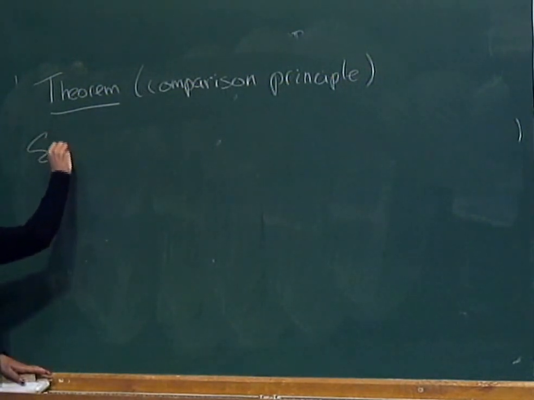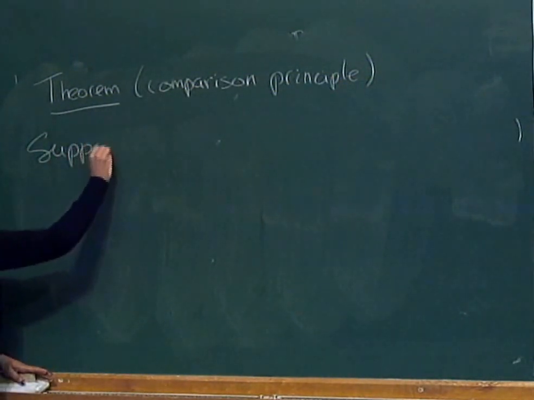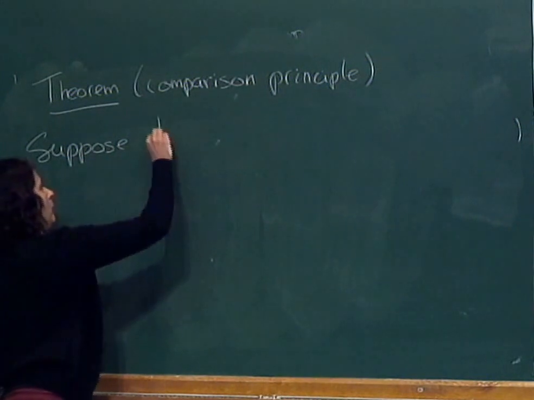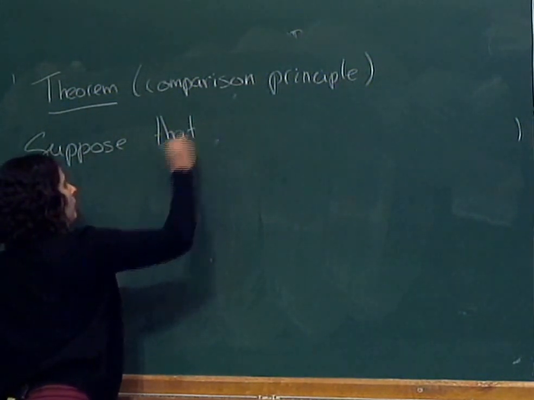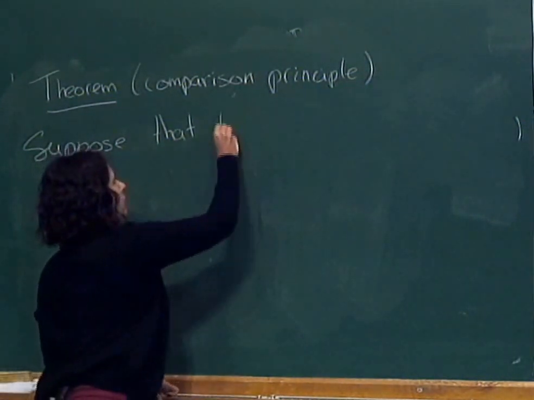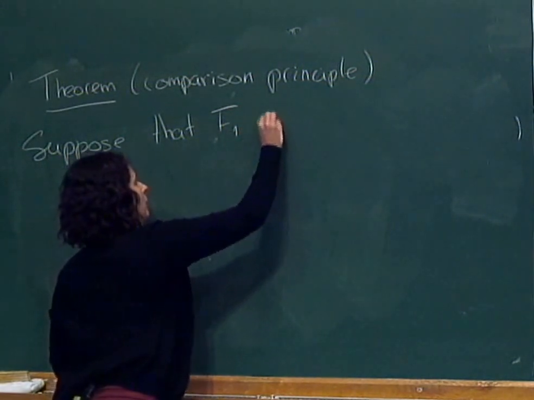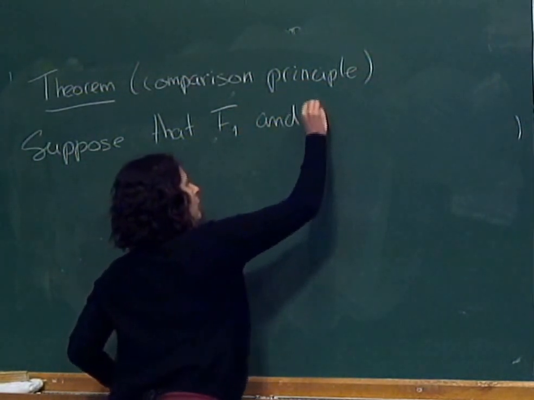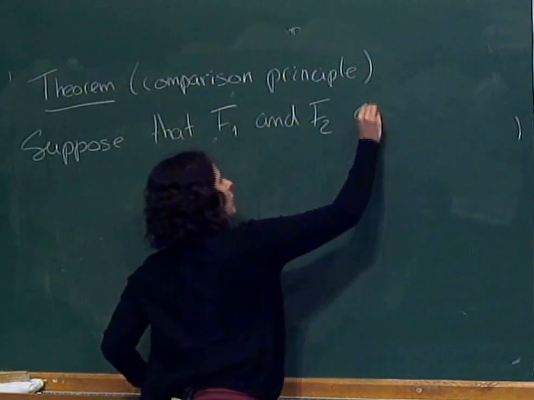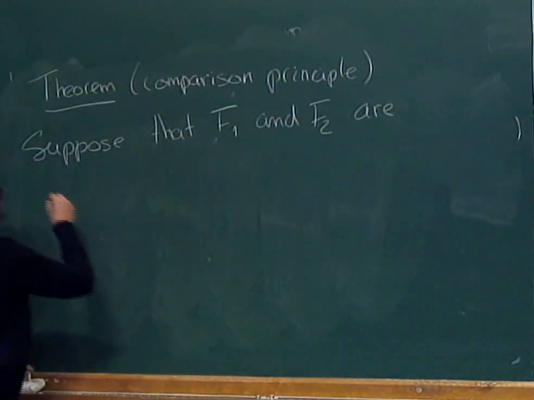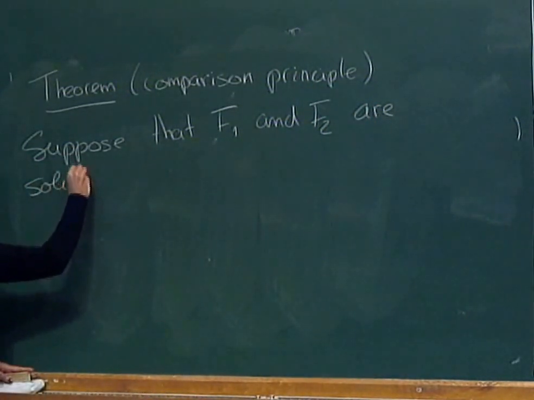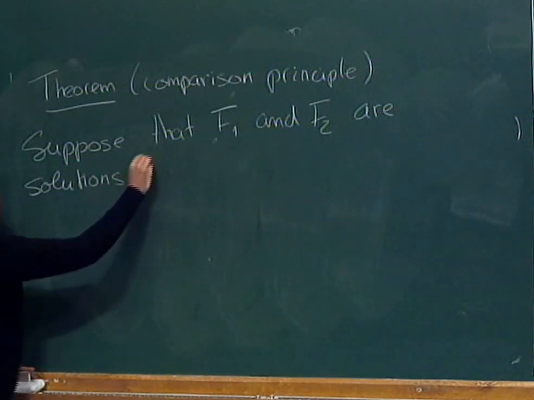So suppose that I have two evolutions, F1 and F2, that are solutions to mean curvature flow.